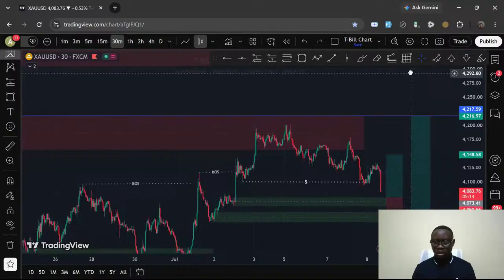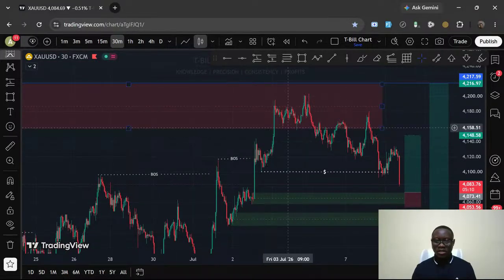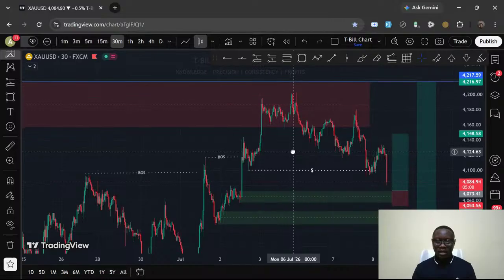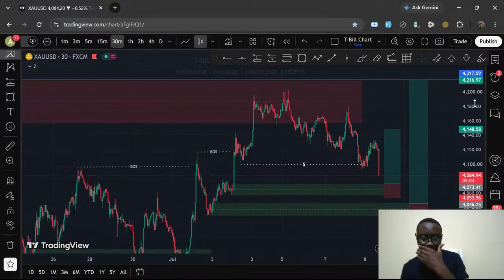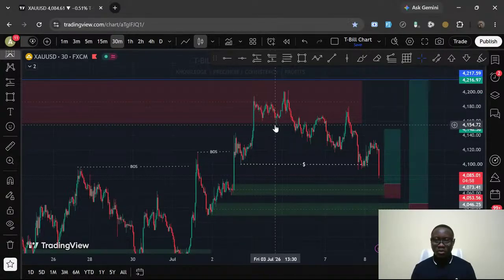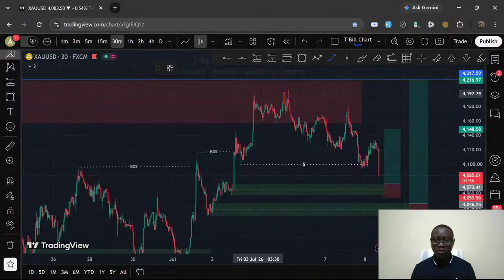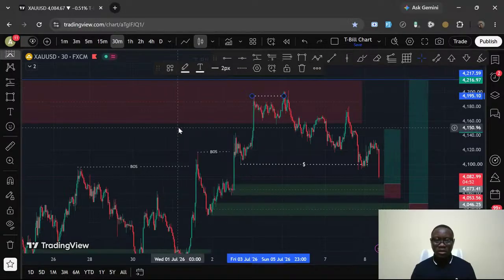But in the meantime, let's look at this sell structure and look for a potential entry opportunity. Okay, so we got this low to the upside. So this was our last break of structure to the upside, right?